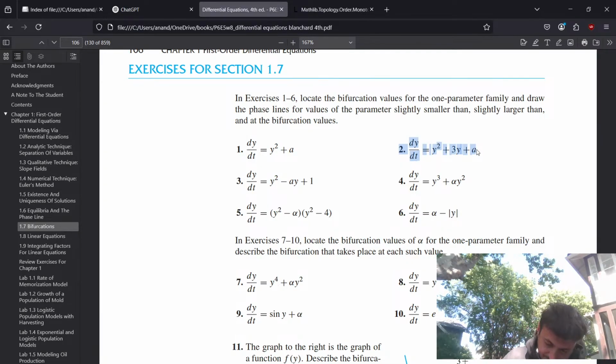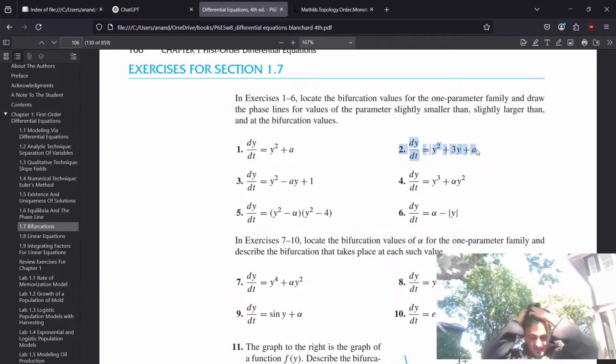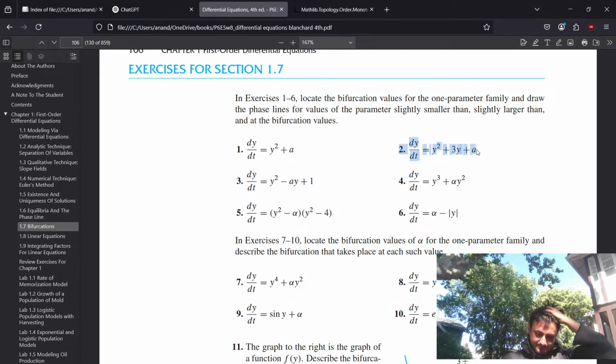All right. So 9 minus 4a equal to 0. So a is equal to 9 over 4. So that is going to be the bifurcation value.